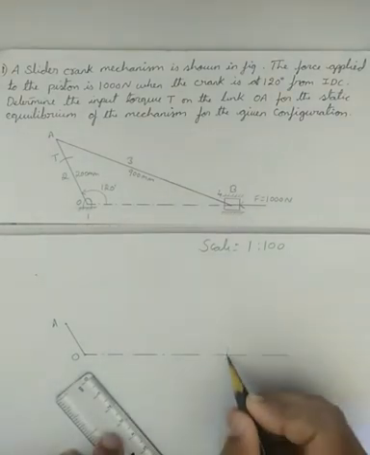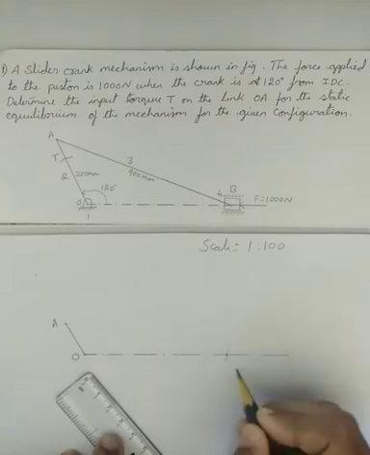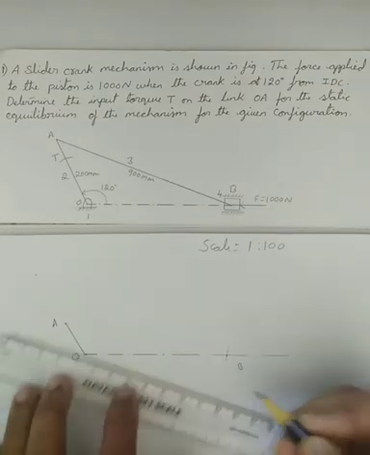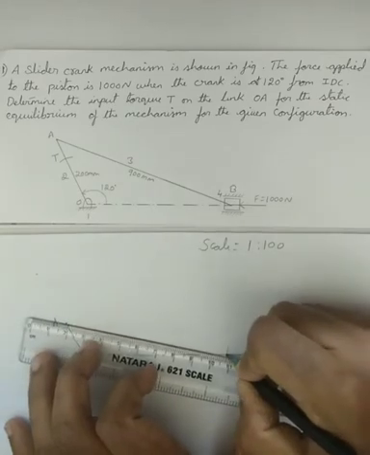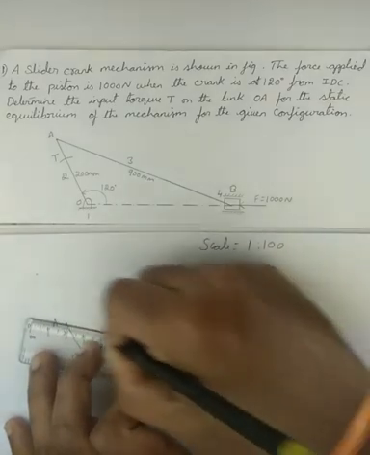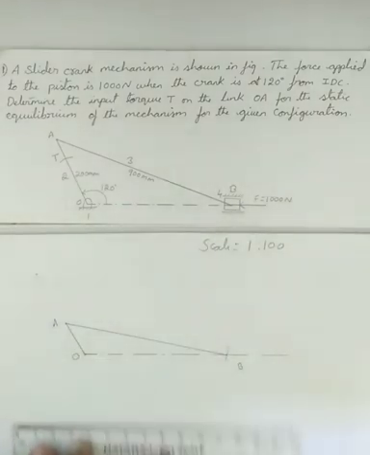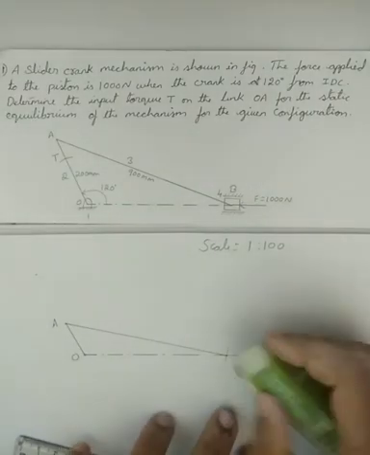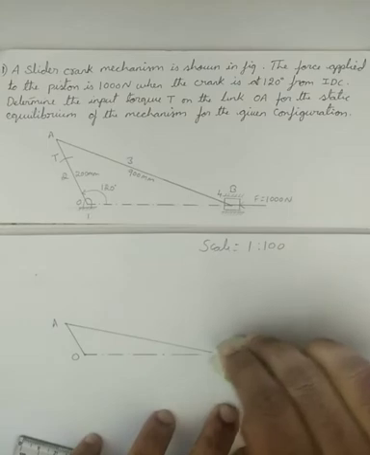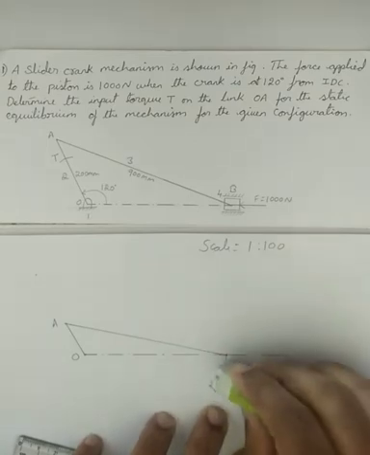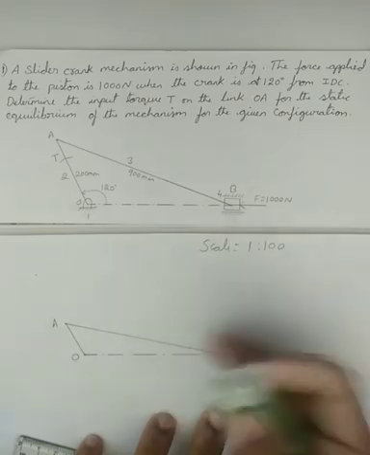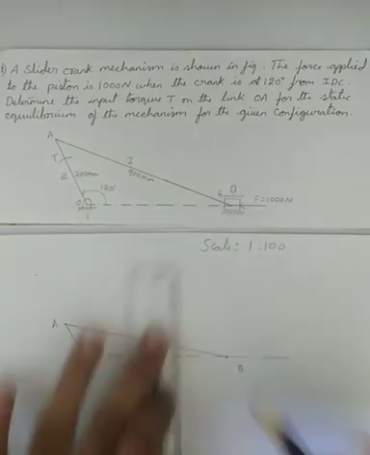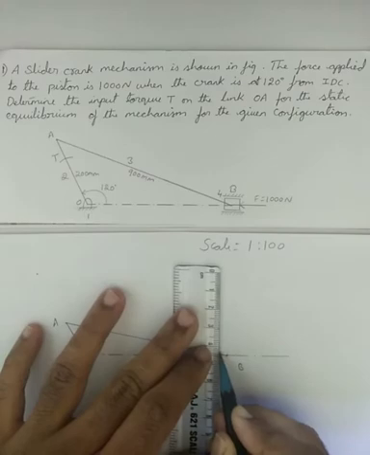So that is the point B. So I will draw the line. Afterwards you can erase this arc, because we have to draw the piston. So for that, draw the piston now.